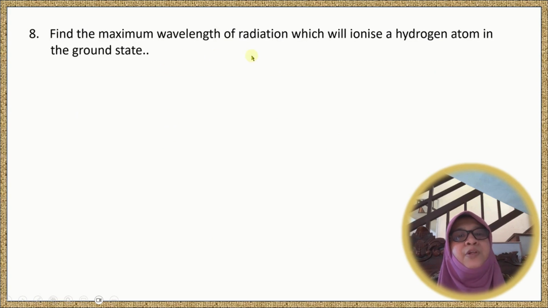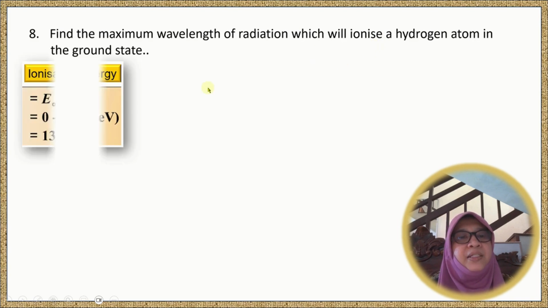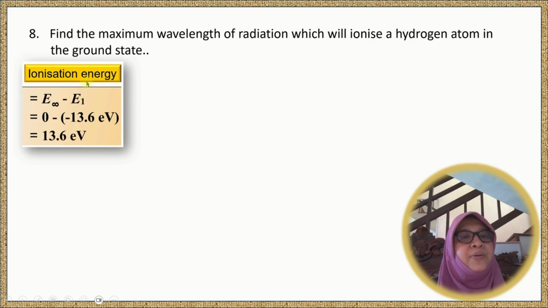Okay, now question 8. Find the maximum wavelength of radiation which will ionize a hydrogen atom in the ground state. If ionization happens, that means level n is at infinity. So the ionization energy is E infinity minus E1.